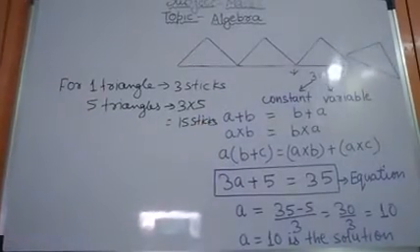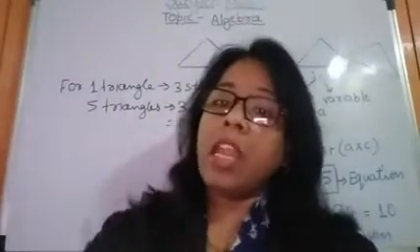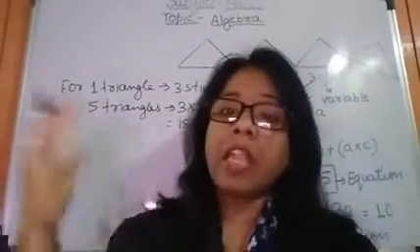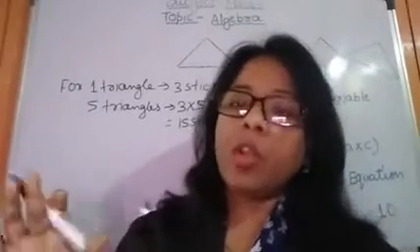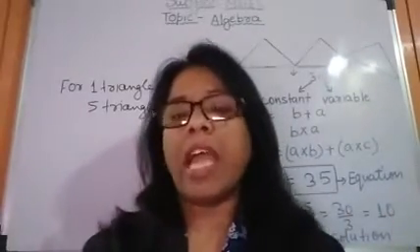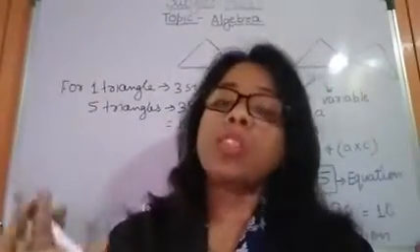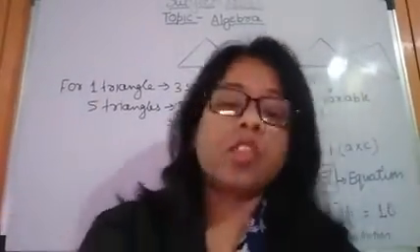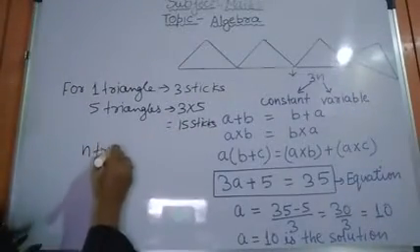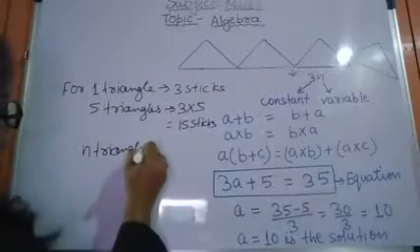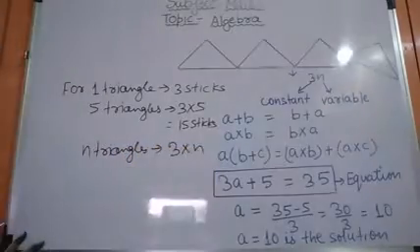Fine. Now, if I have to make a large number of triangles, like n, means I don't know how many triangles I have to make, but I have to make a huge amount of triangles. So, I am taking that for n triangles, how many sticks are needed? So we can say 3 multiplied by n.